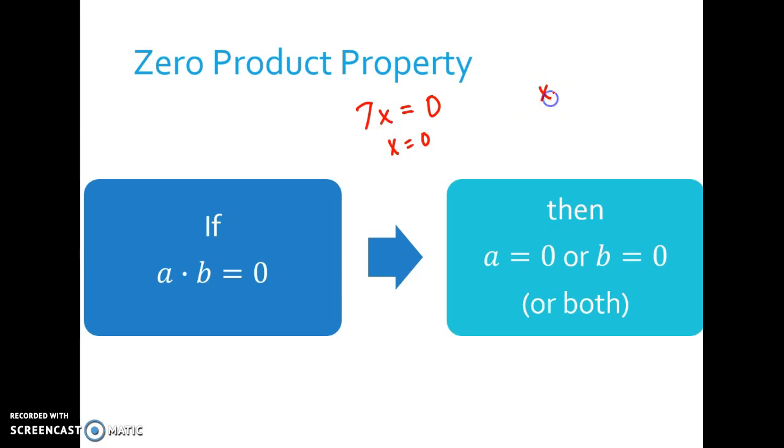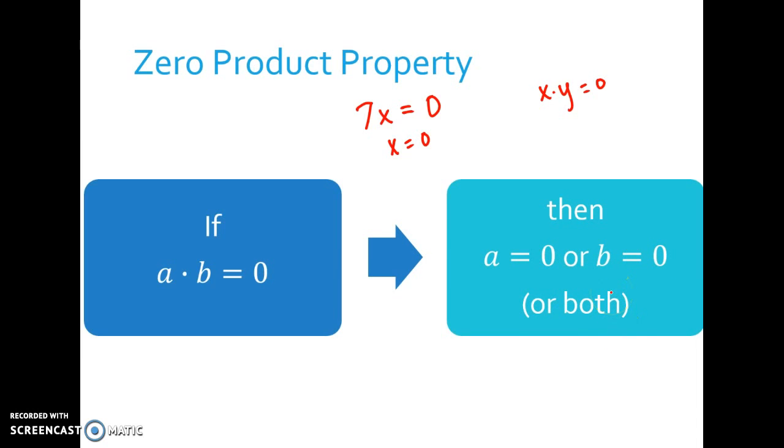If I know that x times y equals 0, then I don't know which one is 0, but I know that one of them has to be 0. So that's the zero product property. If a times b equals 0, then either a equals 0 or b equals 0 or both.